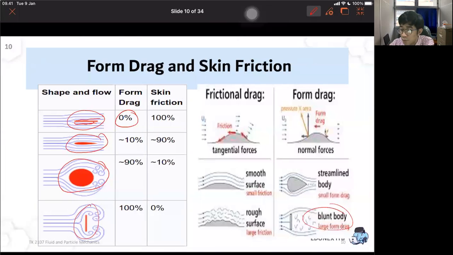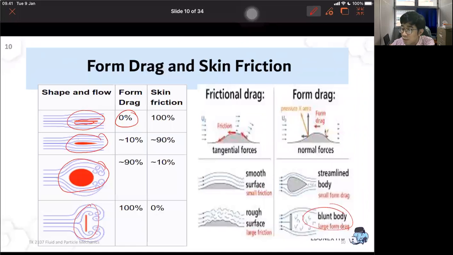So it depends on the cross area, or the projection area of the particle. The higher the projection area, the higher the drag.